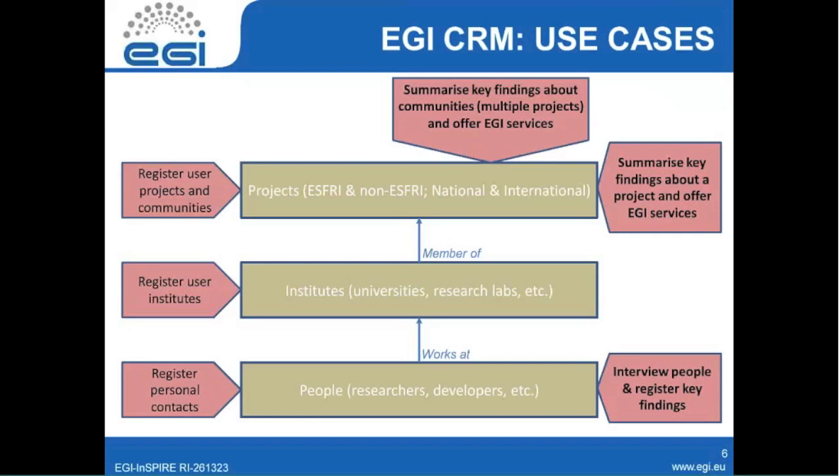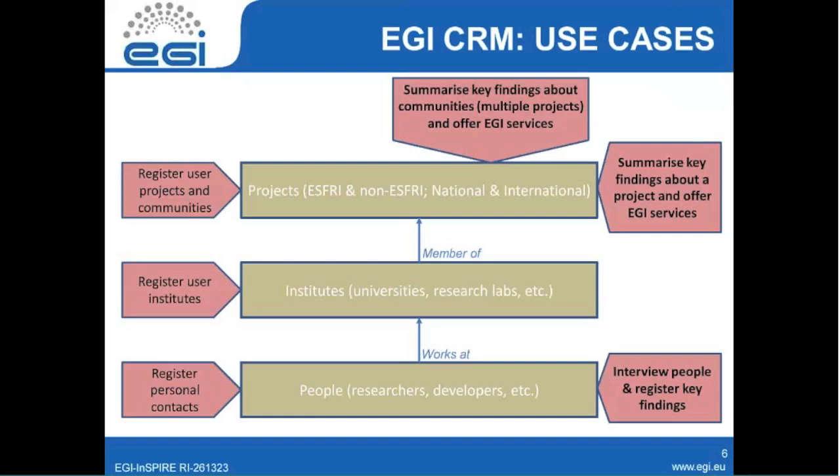And what the CRM system is capable of providing us is a database where we can record information about the key target groups, the key clients of the EGI services. These are primarily our projects, such as the European S3 projects or other projects, such as standard FP7 or later Horizon 2020 projects, but also national projects that are financed and supported by national research councils.